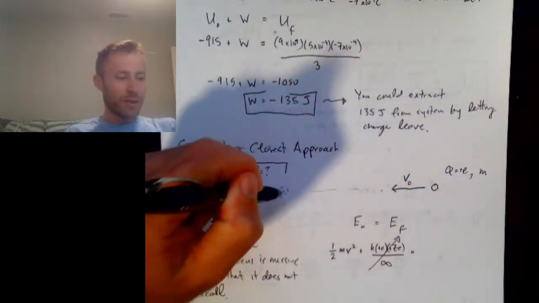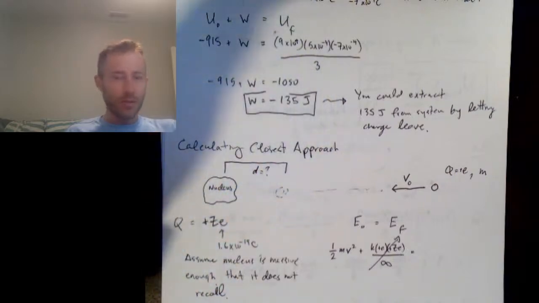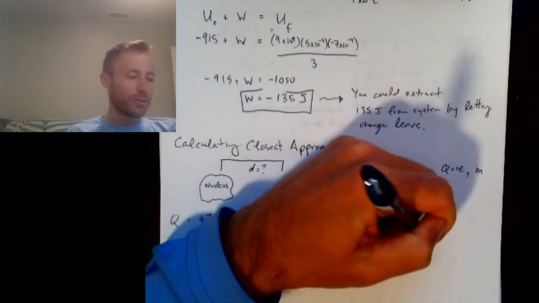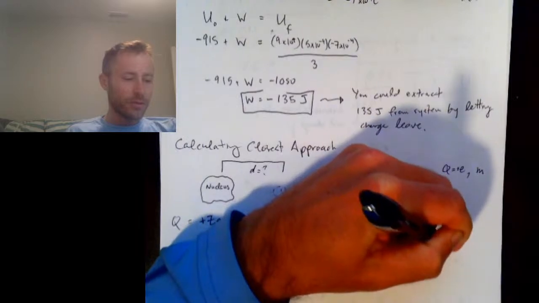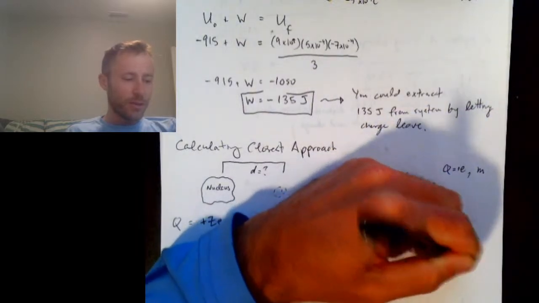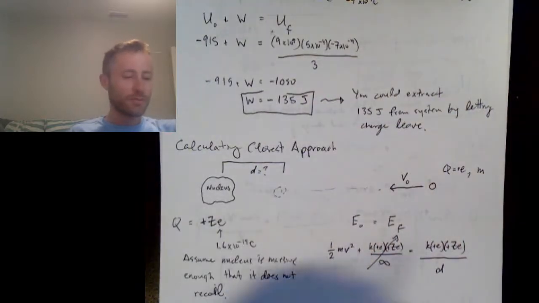So we have no kinetic energy here, but we do have electrical potential energy. So we end up with only electrical potential energy, K times plus E times plus ZE, divided by, and then we're calling D the closest approach distance. Okay?